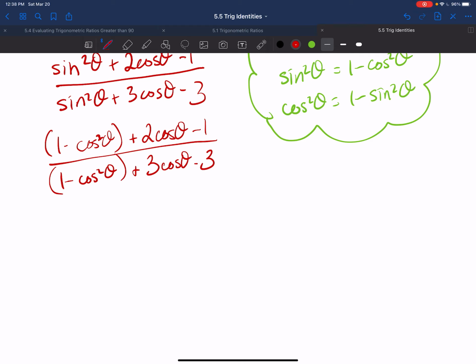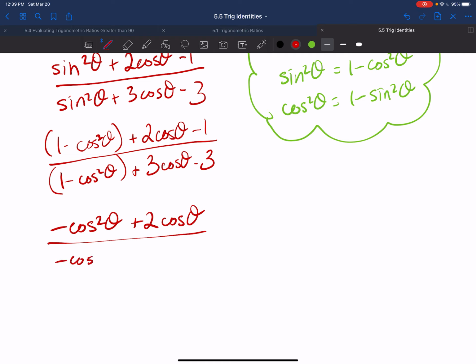So negative cos, I have brackets there, but I don't need the brackets. So negative cos squared theta is negative cos squared theta. No other like terms. It's nothing like the 2 cos theta, but then I have 1 minus 1, so that's 0. It's gone.